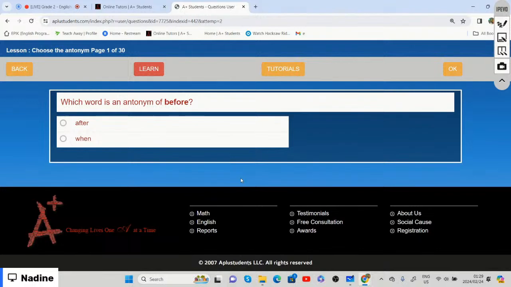All right, so we know by our test, and we are going to select the opposite meaning of these words. Which word has an antonym, which is the opposite meaning of the word before? Is it after or when?